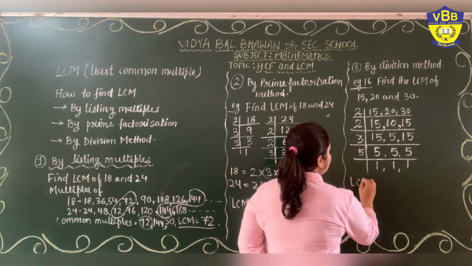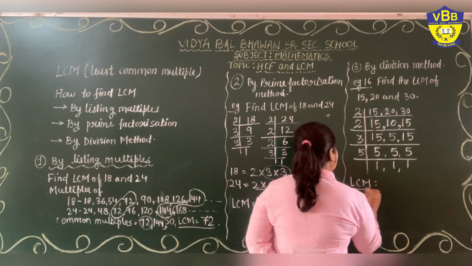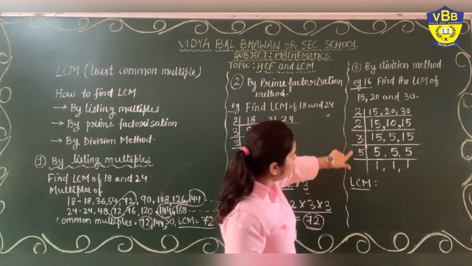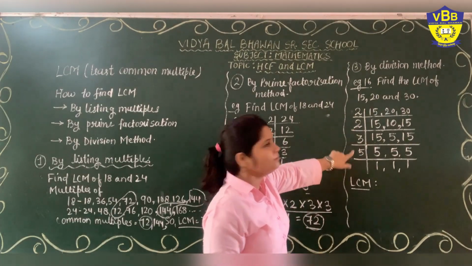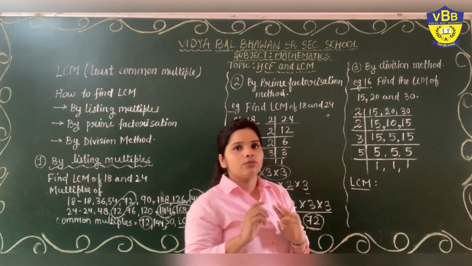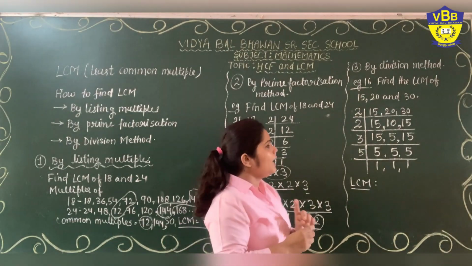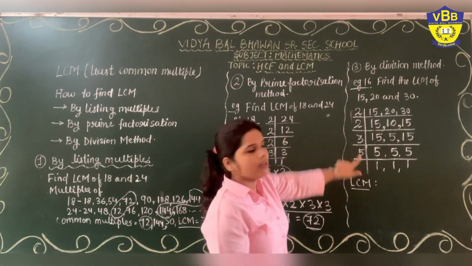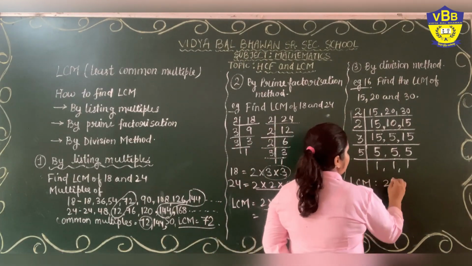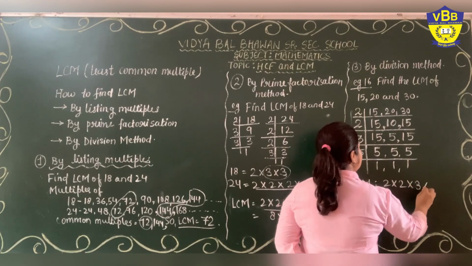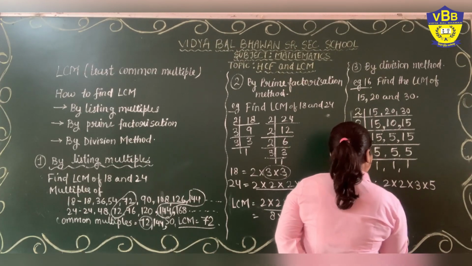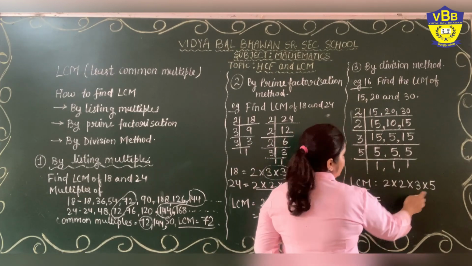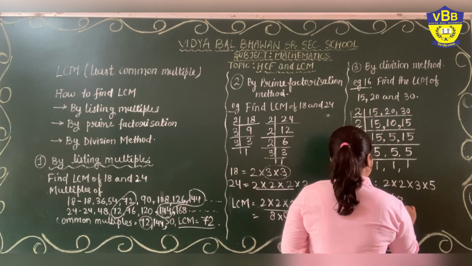Now, what is our next step to find the LCM? We multiply all these numbers, that is 2 multiplied by 2 multiplied by 3 multiplied by 5. 2 twos are 4, 4 threes are 12, 12 multiplied by 5 is 60.